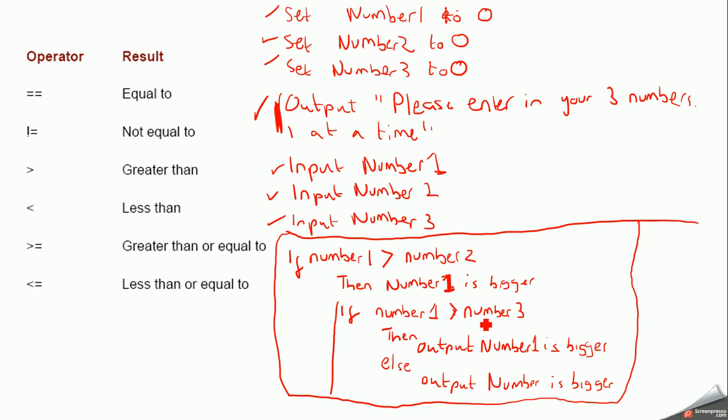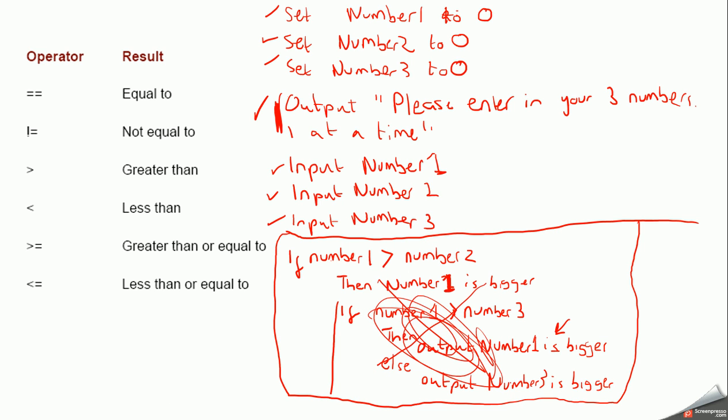If number 1's bigger than number 3, it's going to say number 1 is bigger. However, if number 1 is smaller than number 3, it will output number 3 is bigger. However, what would happen if we go back to the beginning, number 2 is bigger than number 1? Well, none of this will run.